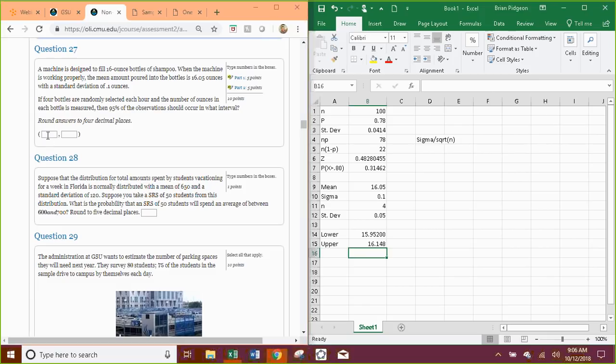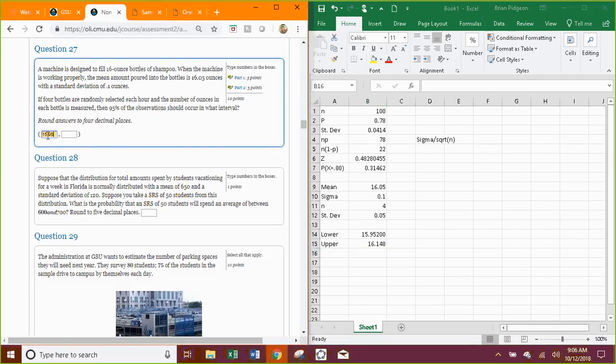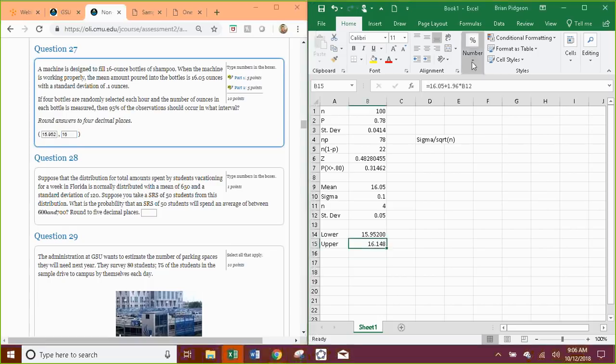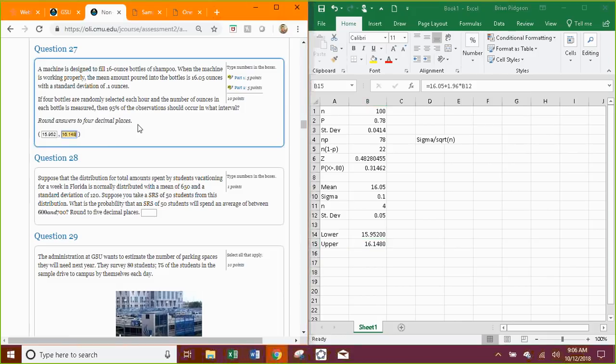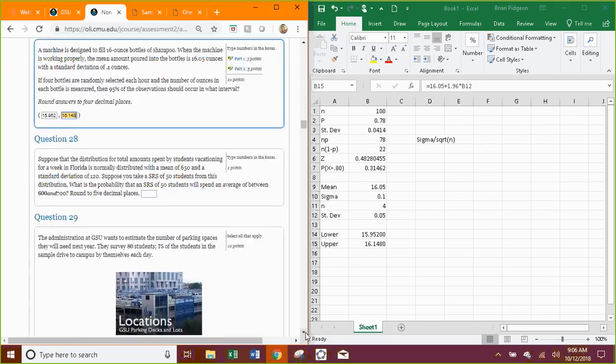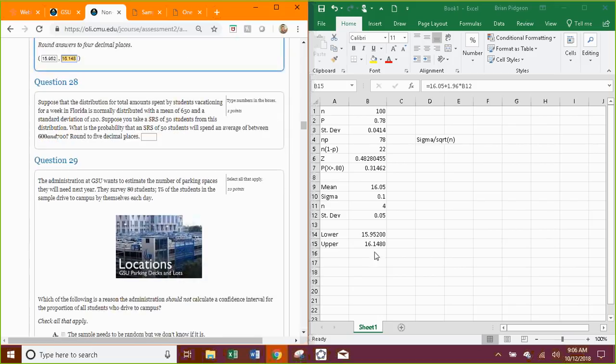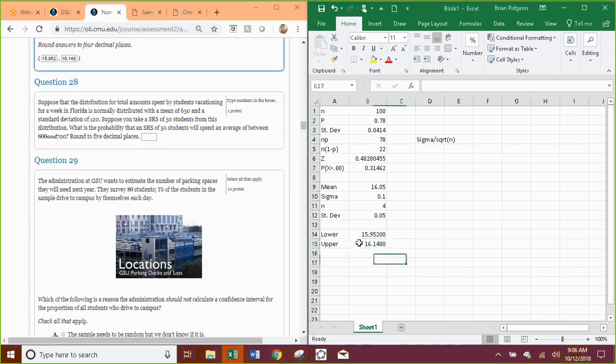It really does tie the standard deviation rule together with this, though. So, 15.952 to 16. Oh, I do 4 decimal places, huh? Oh, never mind. Okay.